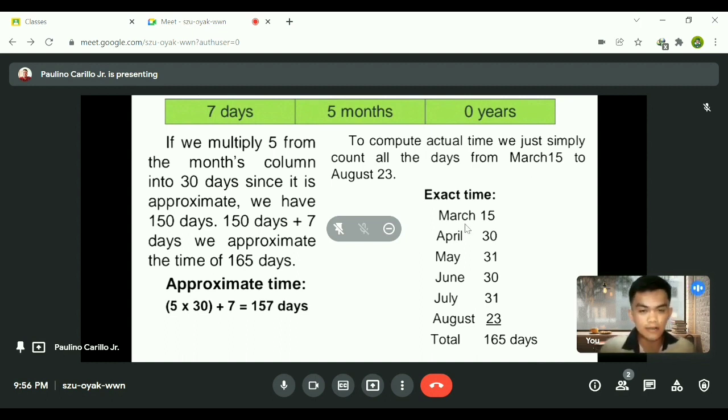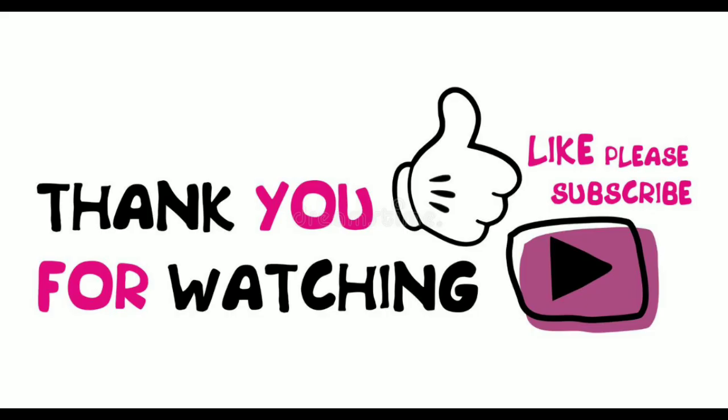As I have said earlier, April, June, and November have 30 days. So as you observe, now: March 15, April 30, May 31, June 30, July 31, and August 23. So just sum it up and you have the exact time of 165 days. So that's how it works in approximate time and actual time.